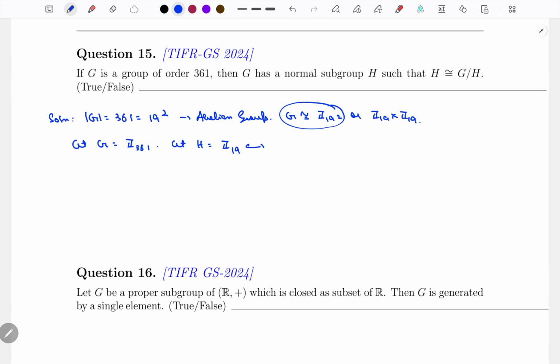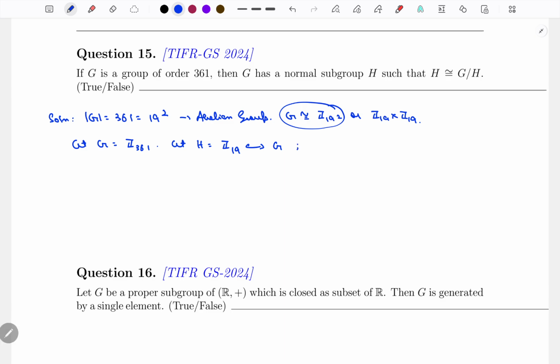So it can be identified as a subgroup of G, because a group of order 19 has prime order, so it's automatically cyclic, and every group of order p to the power n has subgroups of order p, p squared, p cubed, till p to the power n, and all of these are normal. Moreover, it's an abelian group, so every subgroup will be normal.